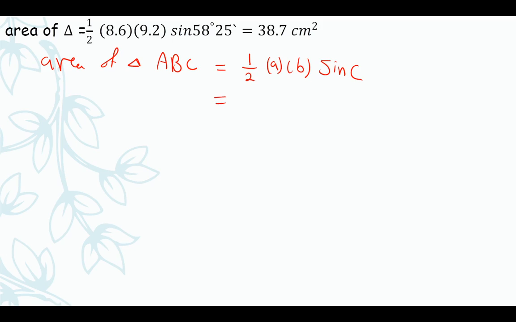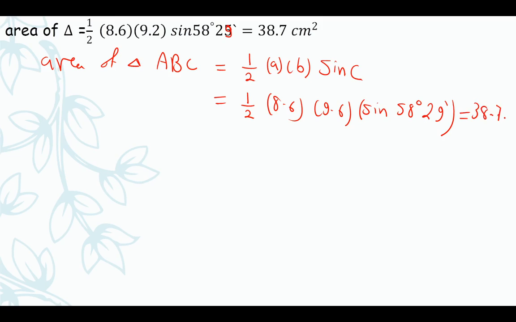Then half multiplied by 8.6 multiplied by 9.2 multiplied by sine angle C, which equals 58 degrees 29 minutes. Then the area equals 38.7 centimeter squared.